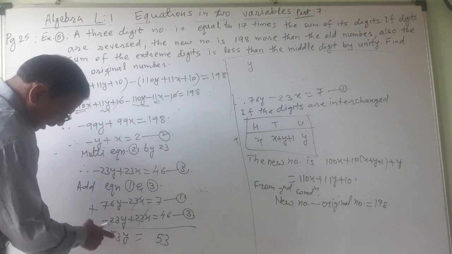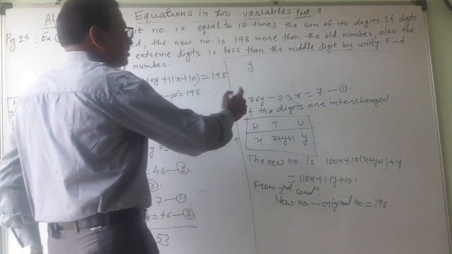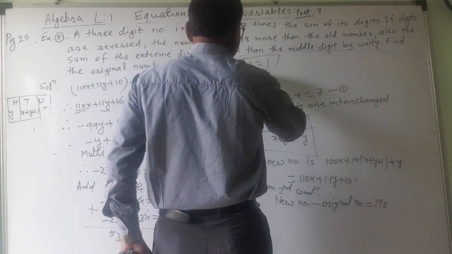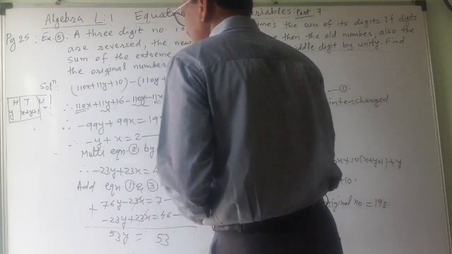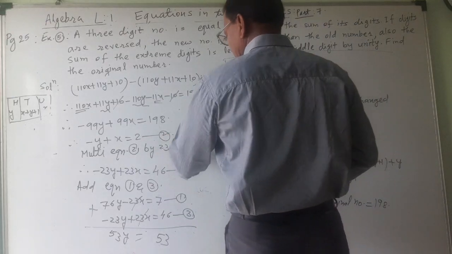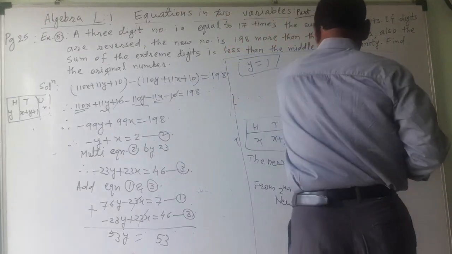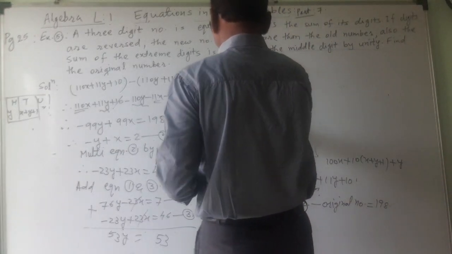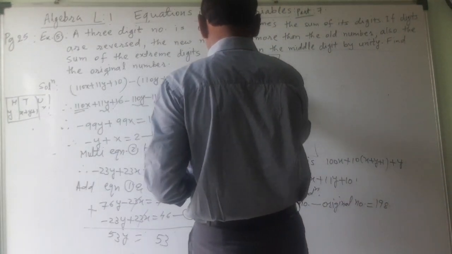I want y. This will be divided by 53. So y is equal to 53 upon 53, that is 1. Now consider one equation which is easy. This is easy, second equation. So I will go for equation number 2.